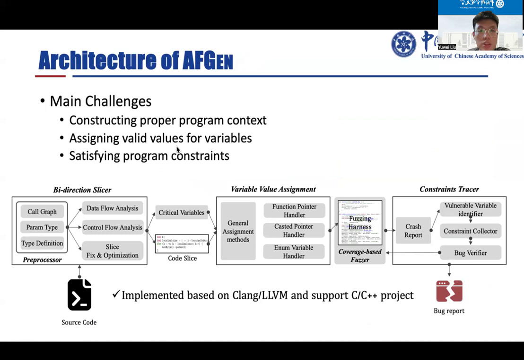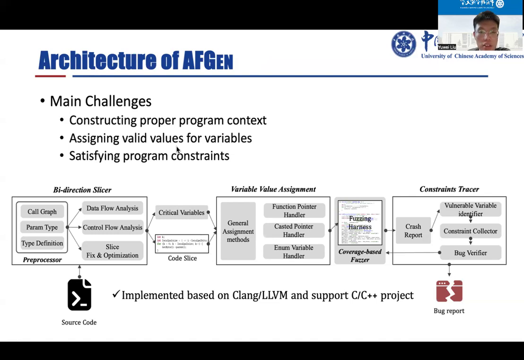According to the motivating example, we know that to achieve the whole function fuzzing, we mainly face three challenges. We need to construct proper program context, to assign valid values for the uninitialized variables, and to satisfy program constraints to filter the false positives. To solve the above challenges, we propose AFGEN, which contains three main components.